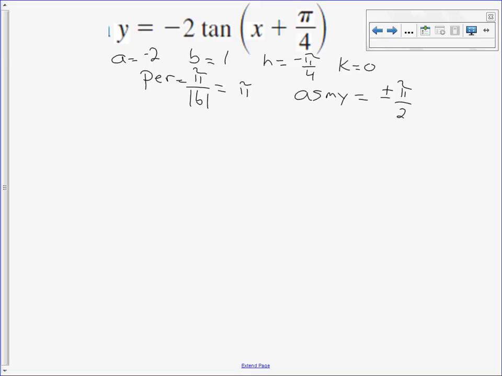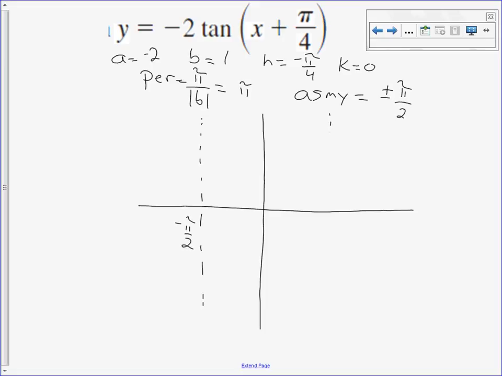Okay. So now I start by drawing. Now, first thing we're going to put on here are the asymptotes. Here's negative pi over 2.